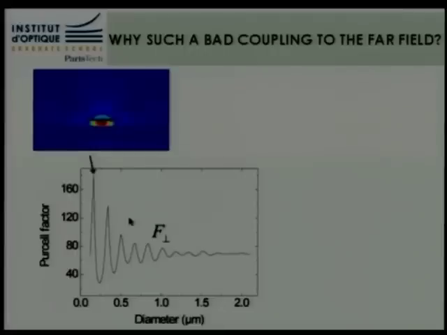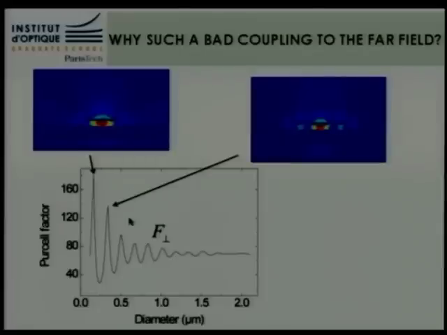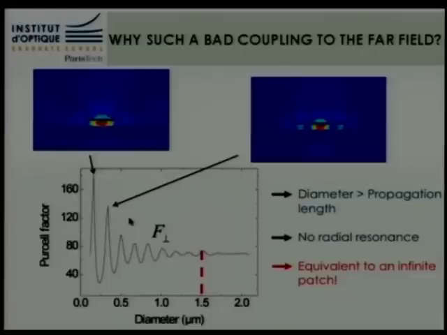So for instance, one sees a first resonance of the emitted power, which corresponds to the first radial dipolar mode, a second resonance corresponding to the radial quadrupolar mode, etc. And in our case, actually, there's no resonance, and this is due to the fact that the diameter is larger than the propagation length of the plasmonic mode.